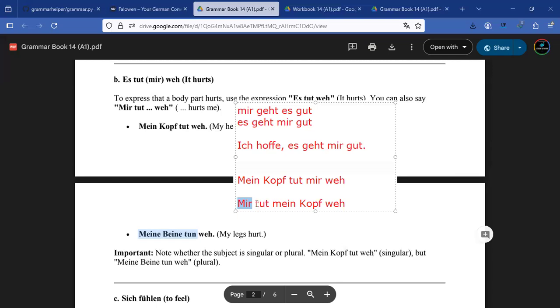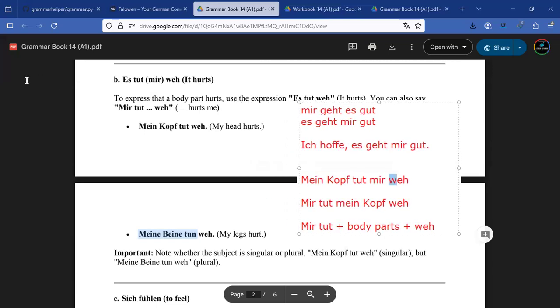So you can also start with "mir tut mein Kopf weh." So this one is "mir tut," then we bring the body part, then we bring the "weh." Or you can start with the body part like this one: you bring the "tut," you bring the "mir," and you bring the "weh." So that's the basic structure that they are having here for you, right?